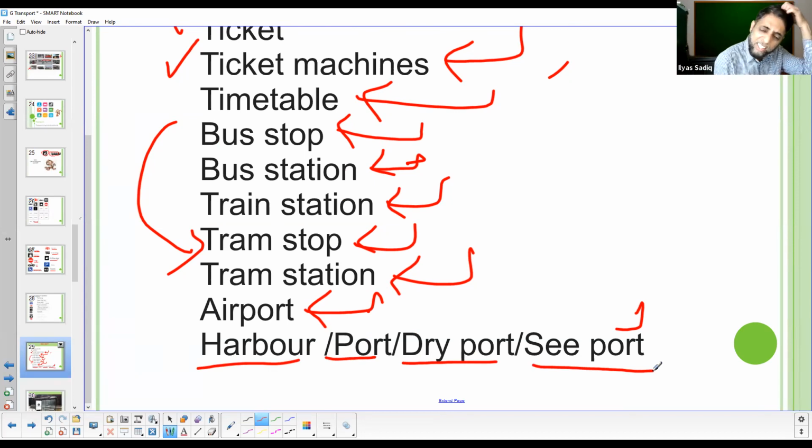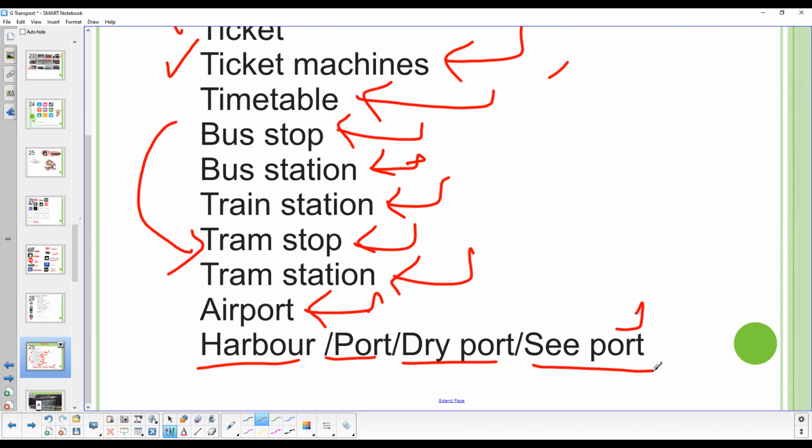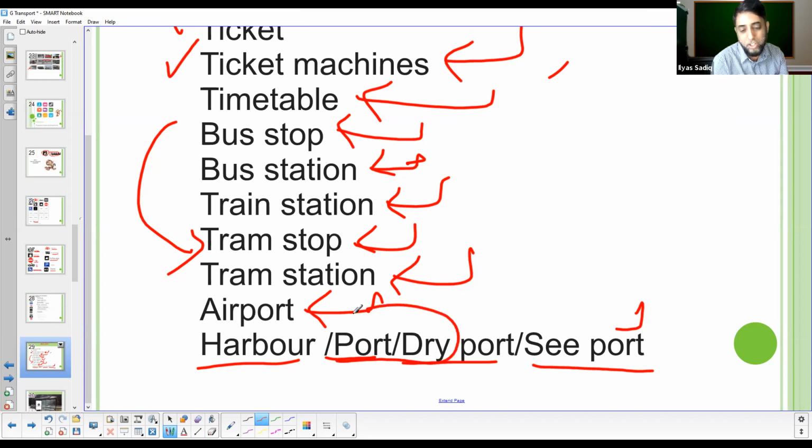Why is this here? Harbor, I think it's a station for the ships. Exactly, yeah. Harbor is usually where the boats are kept. And dry port is where they load and unload the ships, right? So these words are used for them.